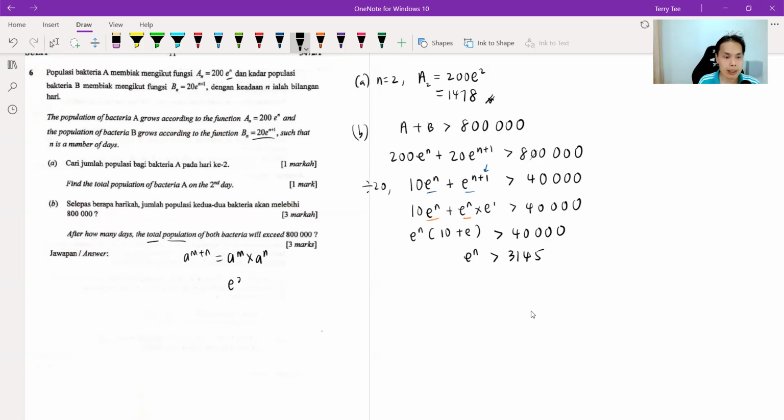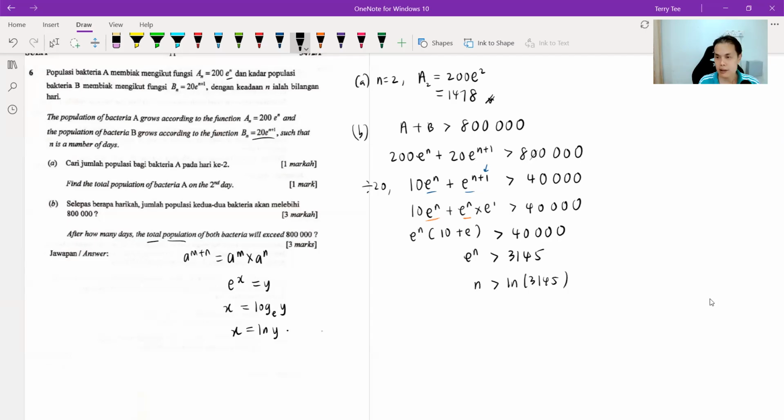We know that e power x equals y. When you change to logarithm form, we say x is log base e of y, or the short form is ln y. So in this case, n is greater than ln of 3145.